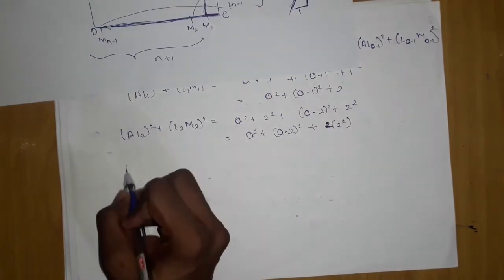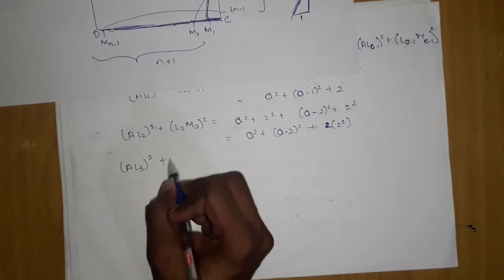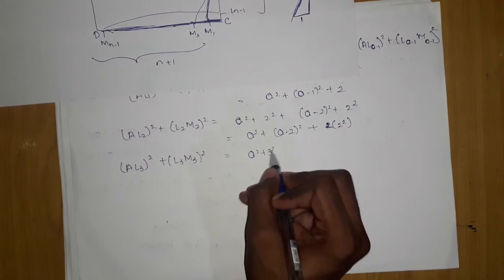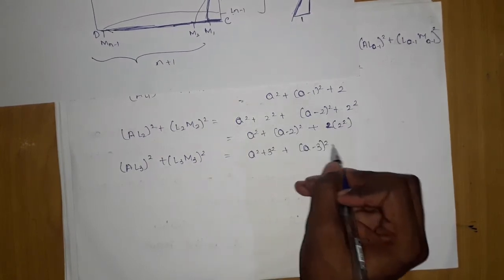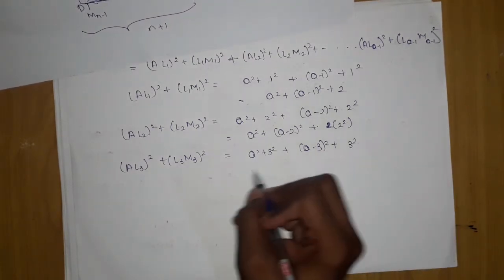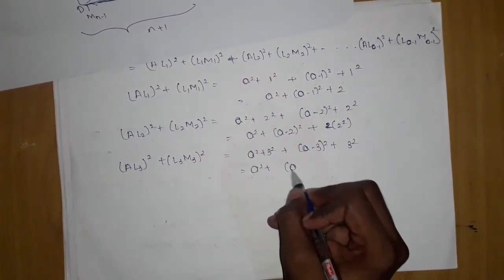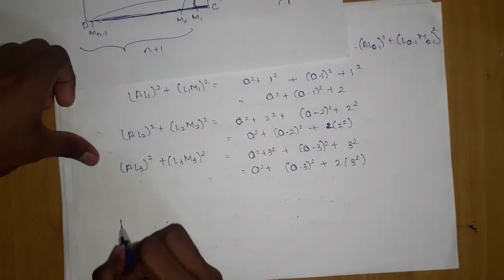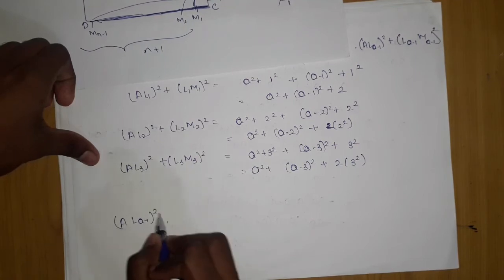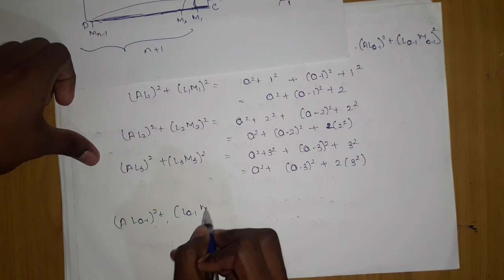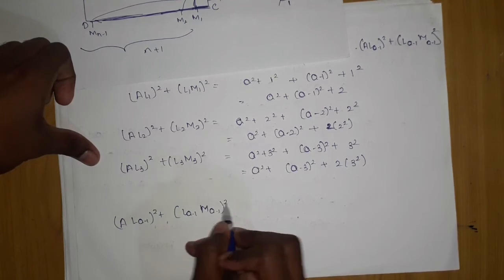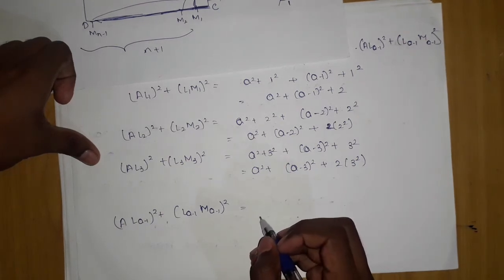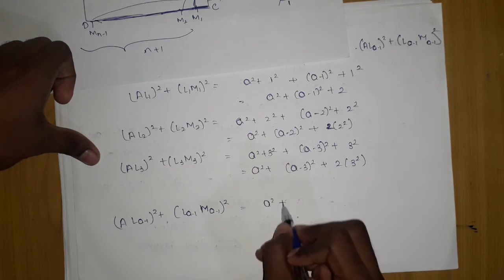Similarly, AL3 the whole square plus L3M3 the whole square will be a square plus 3 square plus a minus 3 the whole square plus 3 square, which is a square plus a minus 3 the whole square plus twice 3 square. And for the last one, A L(n-1) the whole square plus L(n-1) M(n-1) the whole square, it will again be a square plus this.